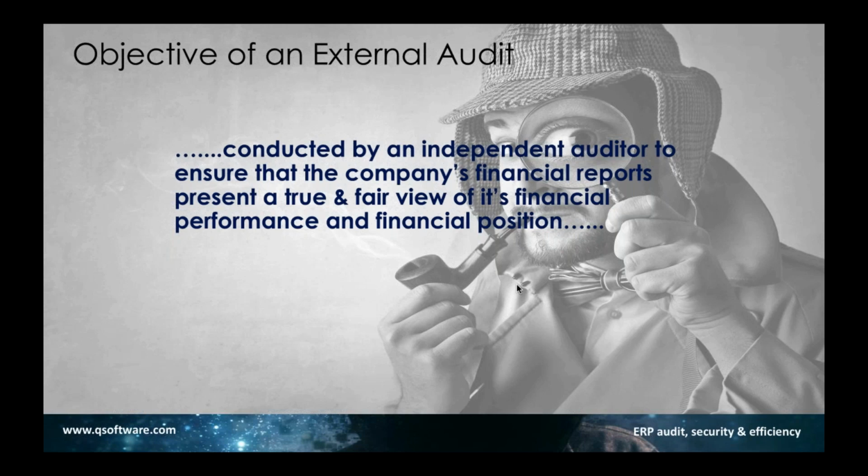In particular, what they're looking at, because they can't look through every transaction, is that the controls are in place to make sure that manipulation is not taking place. That is what happened in some of these examples 14, 15 years ago. And it still happens today.